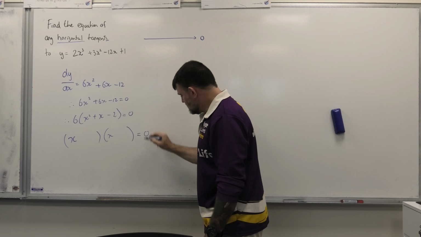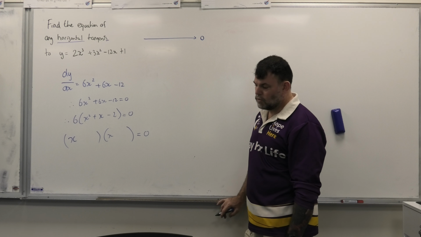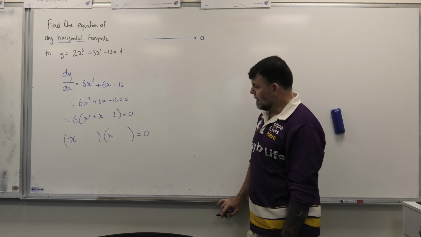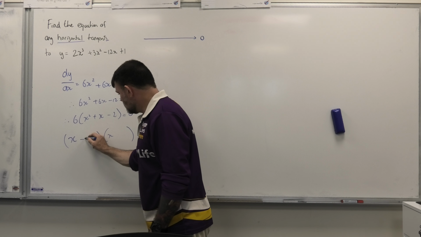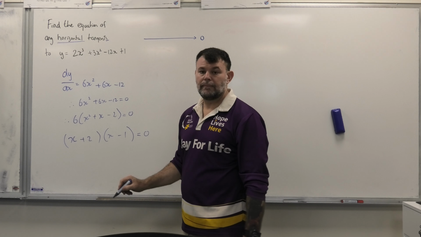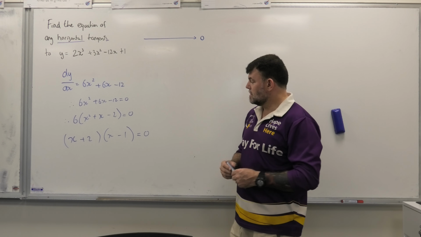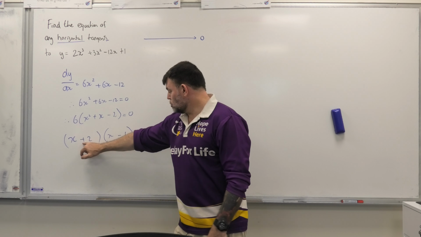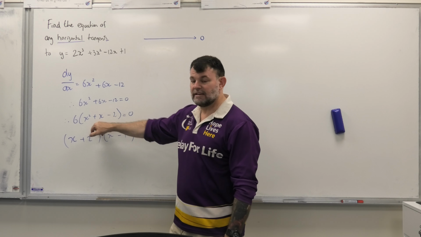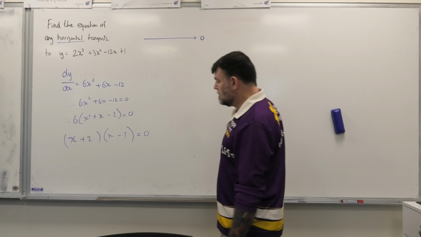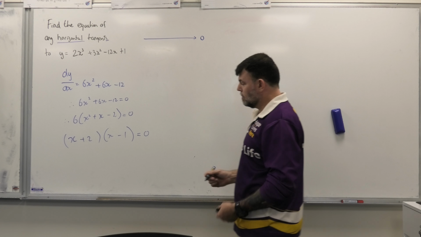What 2 numbers can I multiply to give me negative 2 and add to give positive 1? Well, I can get positive 2 and negative 1. And we can double check this. 2 times negative 1 does indeed give me negative 2. 2 take away 1 does indeed give me positive 1. So therefore these are the correct factors I'm looking for.